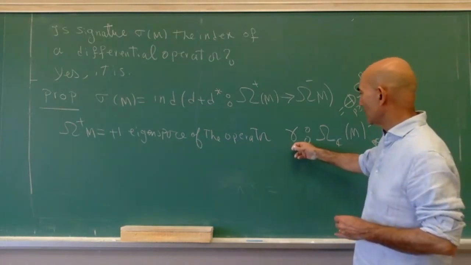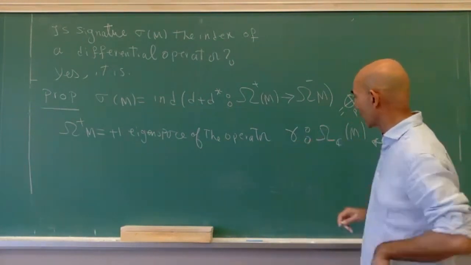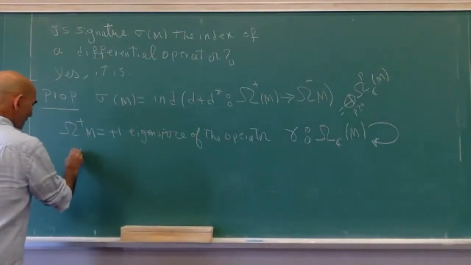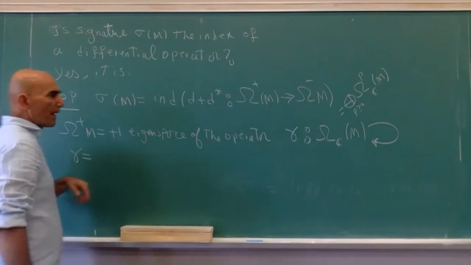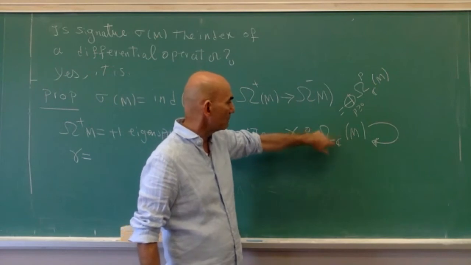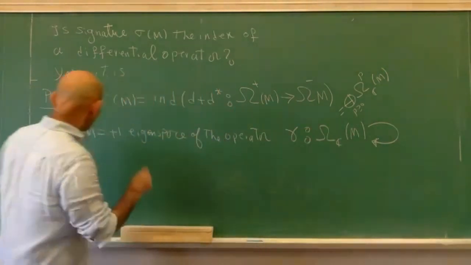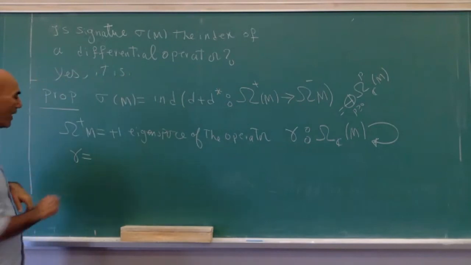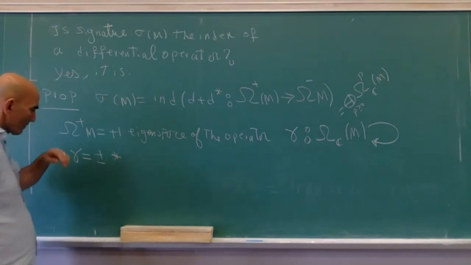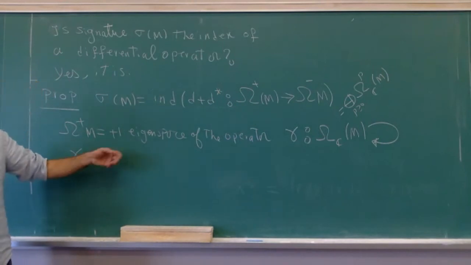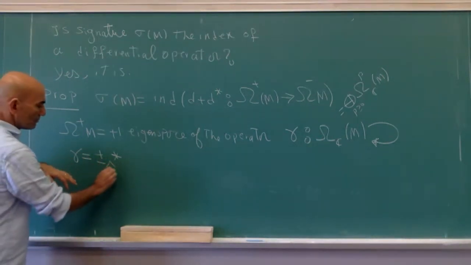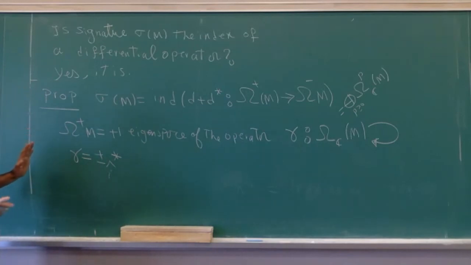So this operator gamma, I guess it is called the chirality operator or something like that, but it doesn't matter. It depends on the dimension of the manifold and the space that it is acting on. Let me just write it in a very rough way now; I will make it precise. It's plus or minus the Hodge star operator, and there is some i here maybe also. It doesn't matter for now.